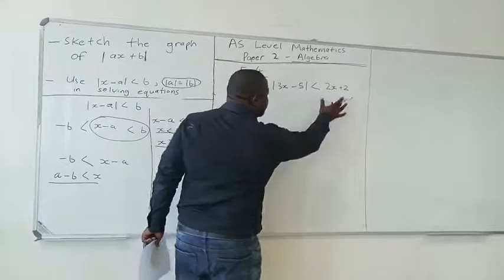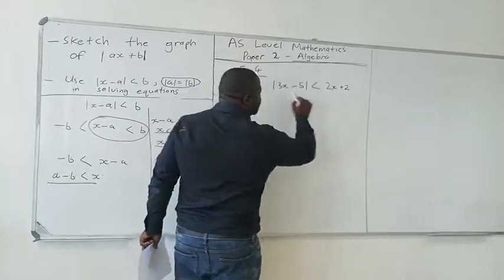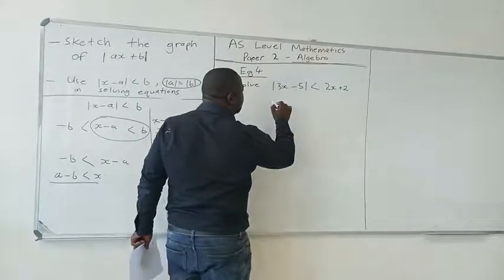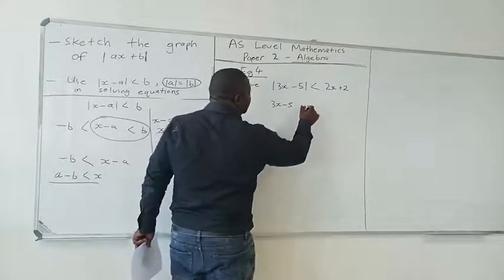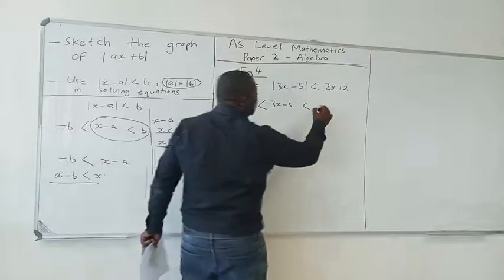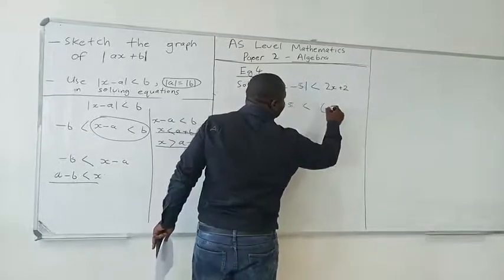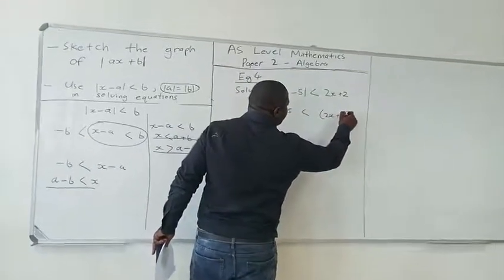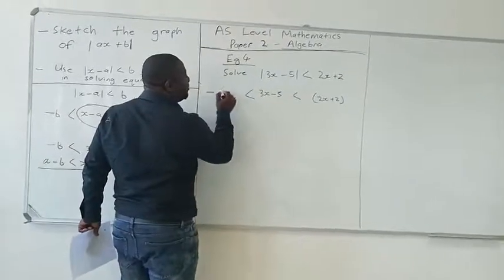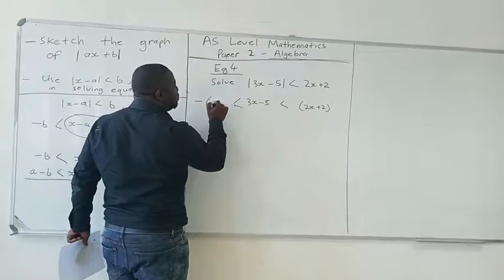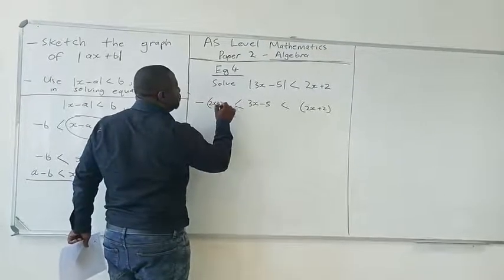The first thing is to split this into 2. 3x minus 5 is greater than the negative of 2x plus 2, or less than the positive, which is 2x plus 2.